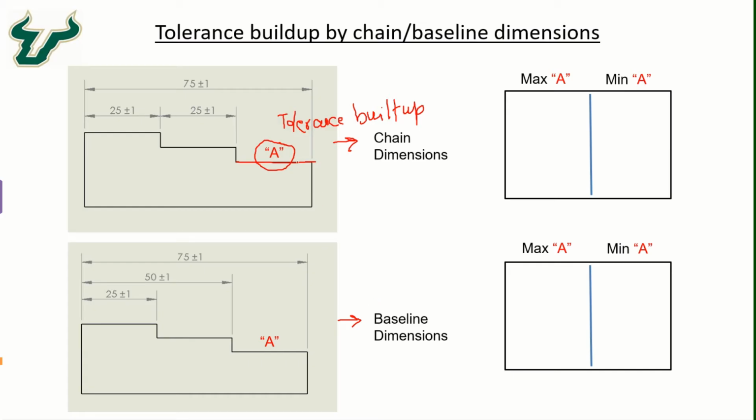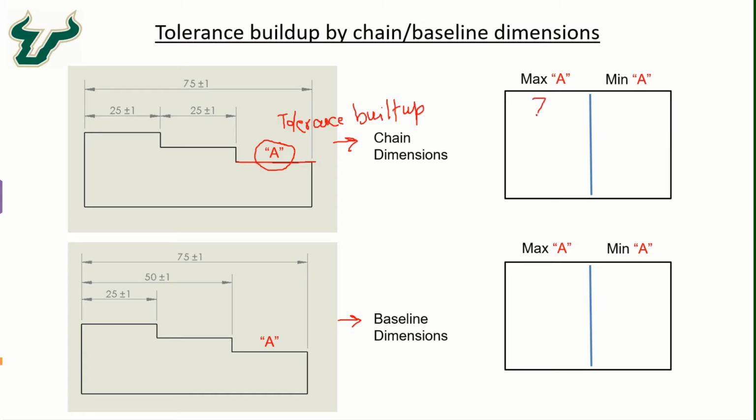So this is the uncontrolled dimension, or basically a driven dimension based on the other driving dimensions in the part. If we want to find out the maximum value of A using the chain dimension scheme, the maximum A will be possible only when we have the maximum overall dimension and the minimum inner dimensions.